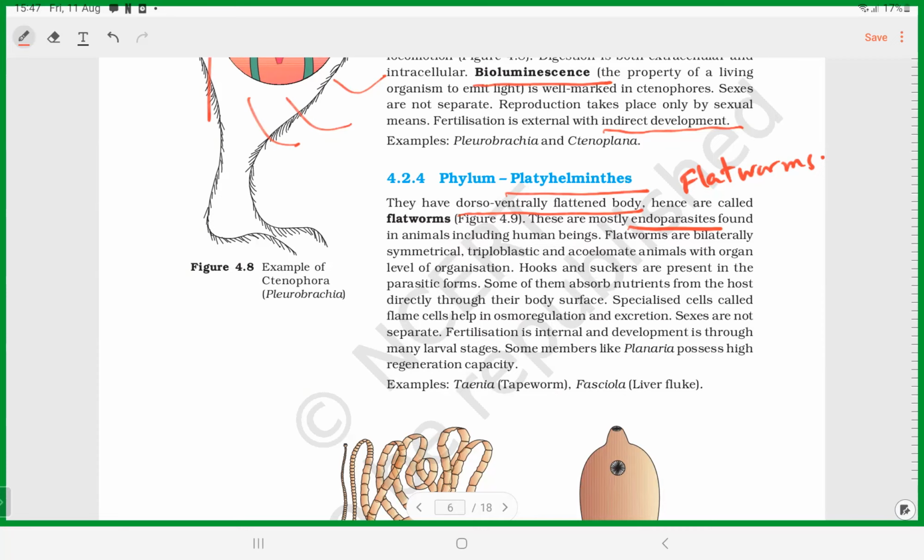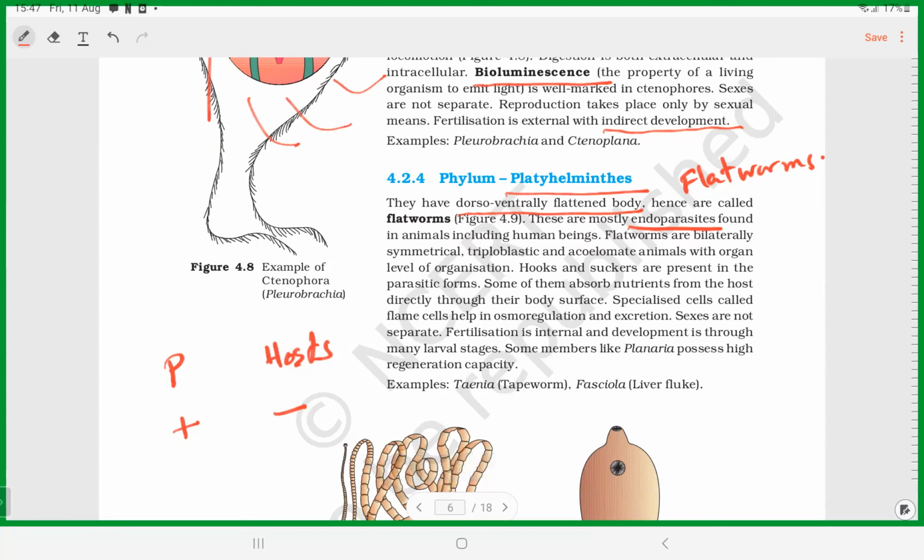For example, this is the parasite and this is the host. Parasites are benefited, and the host is adversely affected. That's why they are called parasites. The parasites are of two types, endoparasites and ectoparasites.